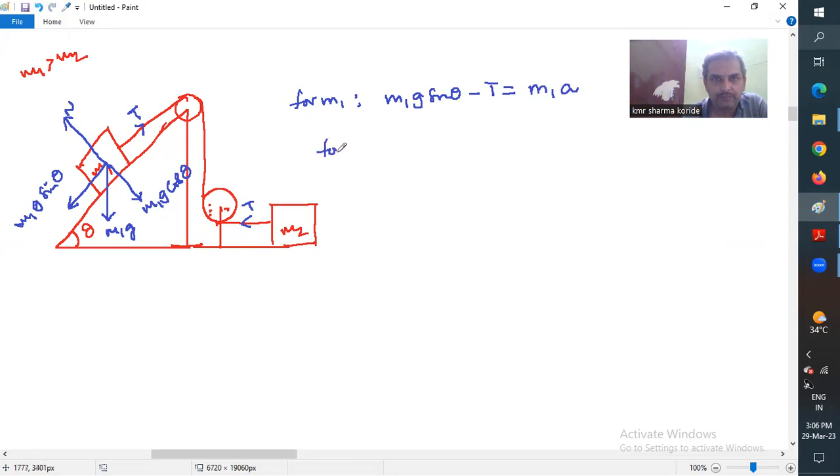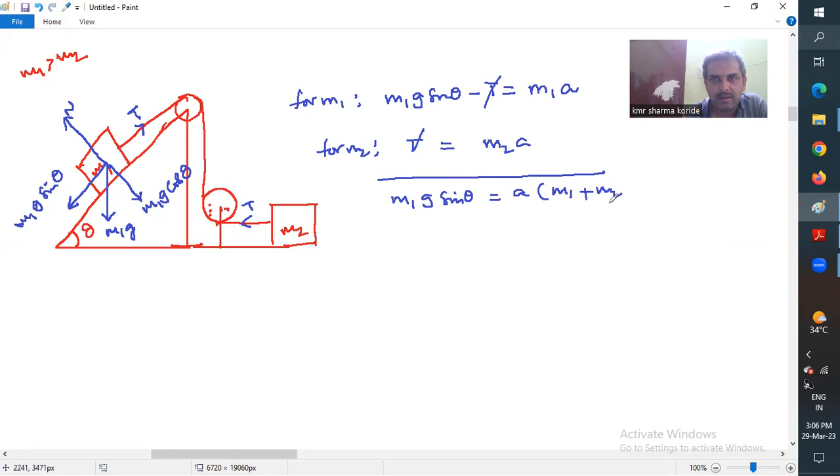For m2, tension favors, that is directly equal to m2a. On solving these two, the tension gets cancelled. m1g sin theta equals a common, so it is going to be m1 plus m2.